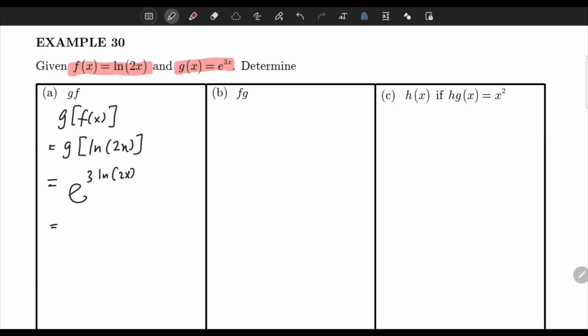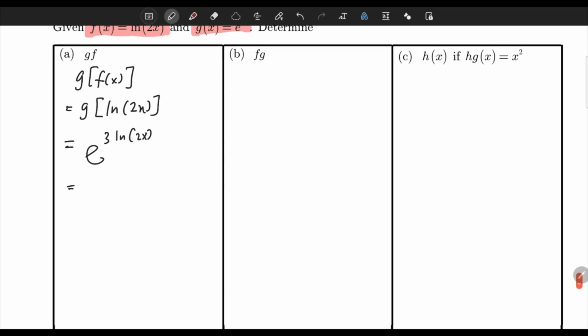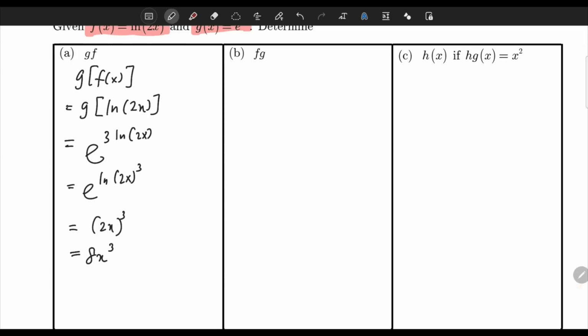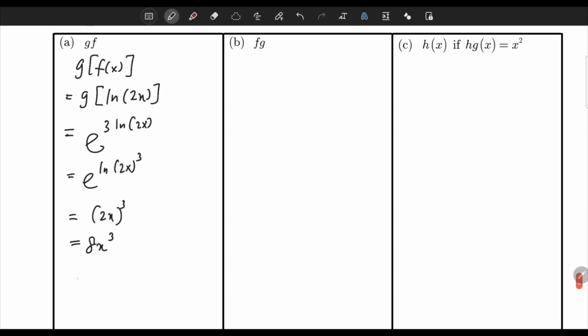So by using the properties of index, or properties of log, we get e to the power ln of (2x) cubed. So e to the power ln, we get (2x) cubed, that will be 8x cubed. Right, so written properly, we have g of f of x to be 8x cubed.